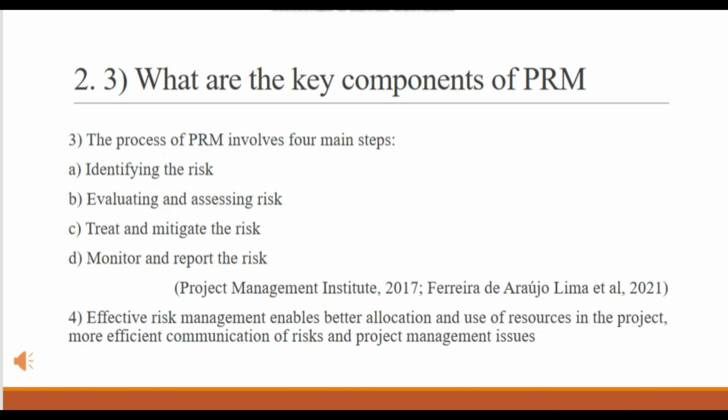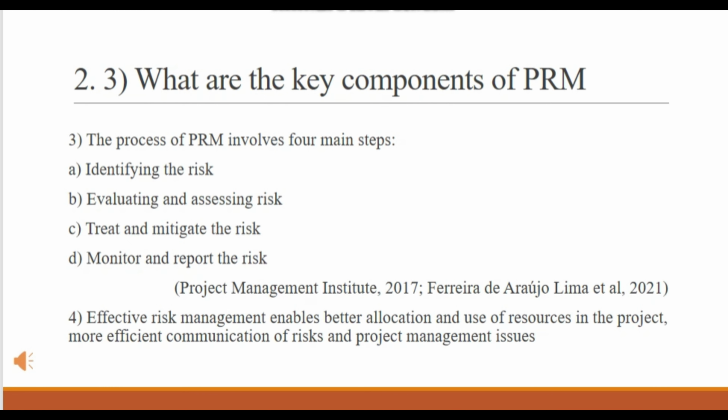There are four primary steps involved in the process of PRM, which are identifying the risk, evaluating and assessing risks, treating the risk and establishing effective procedures to prevent and mitigate the risks, and monitoring and reporting the risk and the risk management procedures.